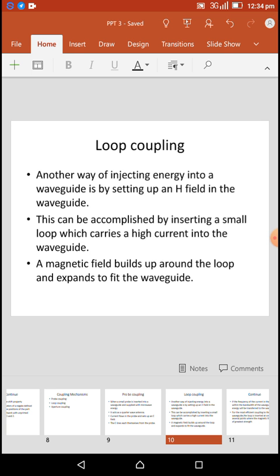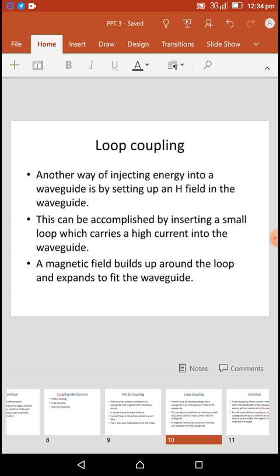When less efficient coupling is desired, you can rotate or move the loop until it encircles a smaller number of H lines. When the diameter of the loop is increased, its power handling capability also increases. The bandwidth can be increased by increasing the size of the wire used to make the loop.